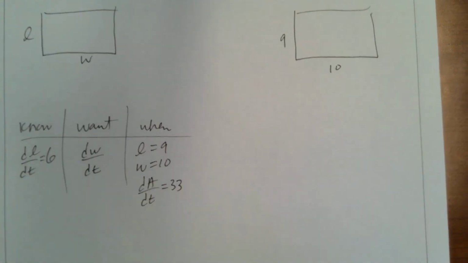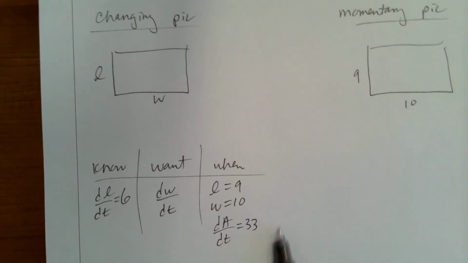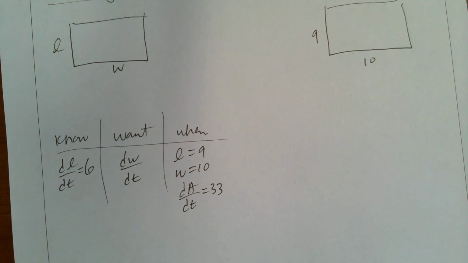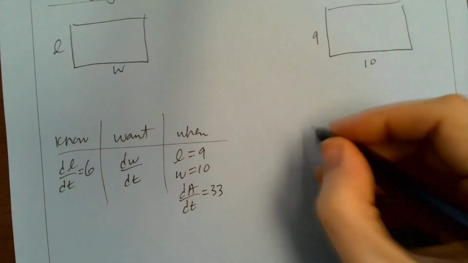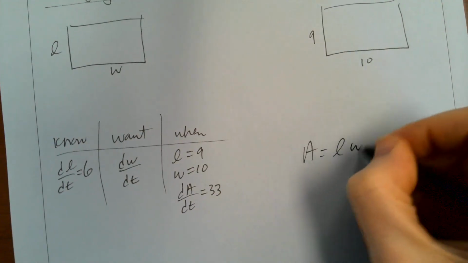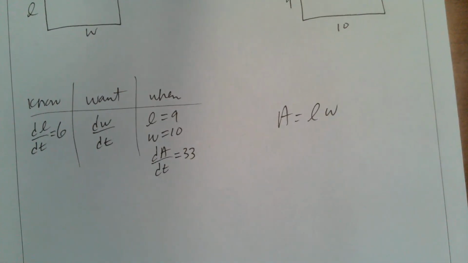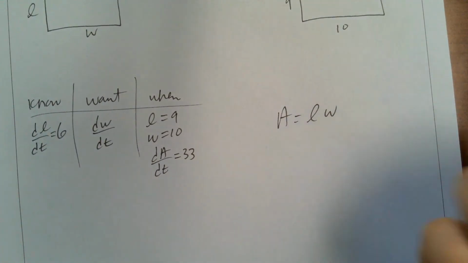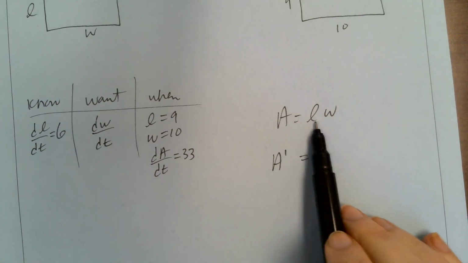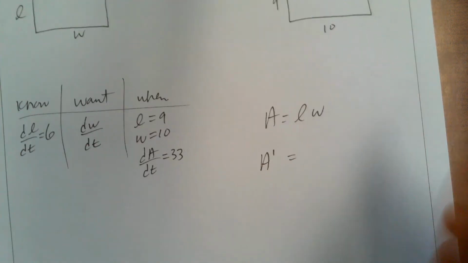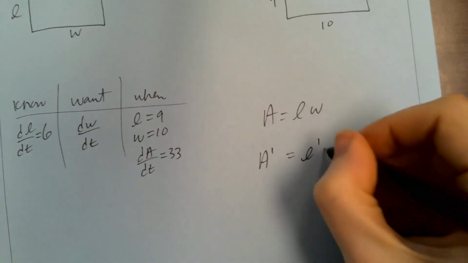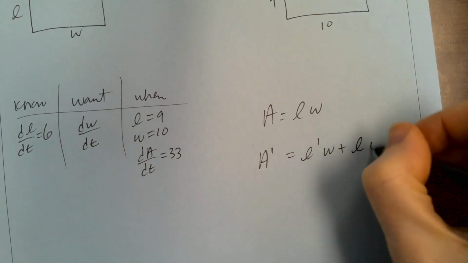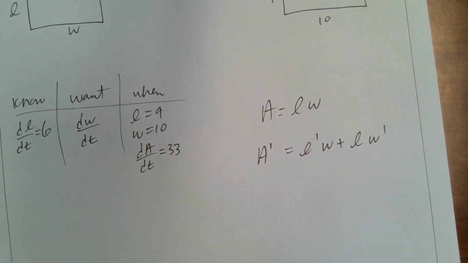Now, I need a formula that relates the variables. I've got A, I've got L, I've got W, so I need the area of a rectangle. Now I need to take the derivative of this. So the derivative of A is A prime, and I need a prime after everything. This requires the product rule: L prime W plus L W prime.